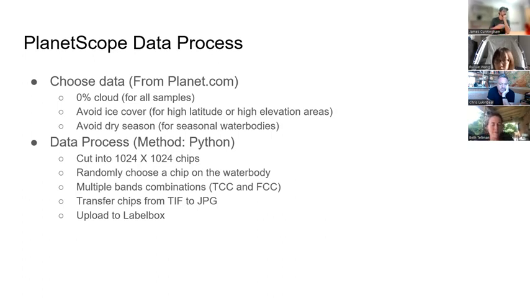For the data processing part, we use a Python script to cut each image into 1024 by 1024 chips, and then we randomly choose one chip from those chips that landed on the water body. We use two band combinations, true color and false color, because with the true color and false color images it is easy to compare different combinations, so it is easier for us to label and judge which part is actually covered by water.